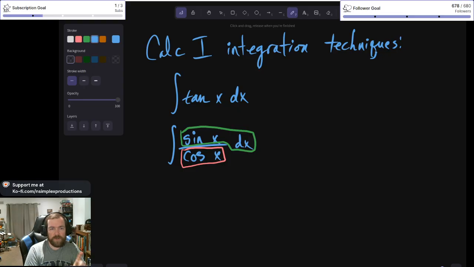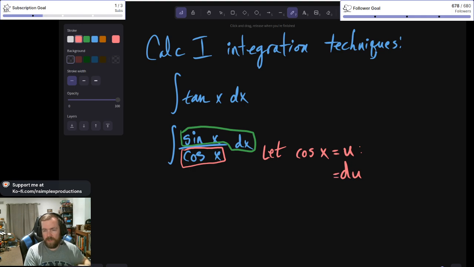So in this particular case, if we let cosine of x be equal to u, then du is going to be equal to a negative sine of x dx.